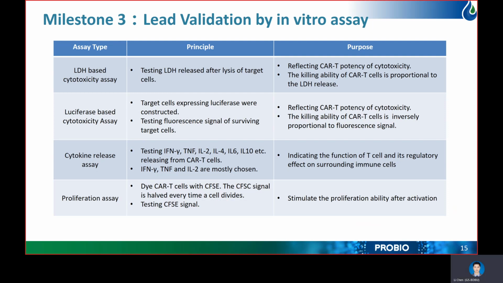The second type is cytokine release assay, and it reflects T cell activation by measurements of cytokine release, such as interferon gamma, TNF, and interleukins. The last kind is T cell proliferation assays by CFSE staining.